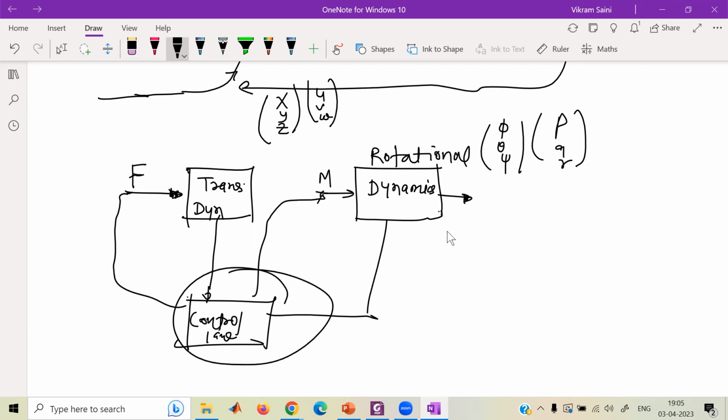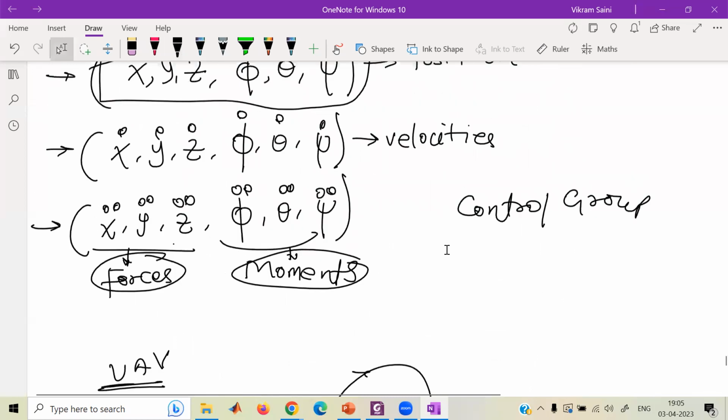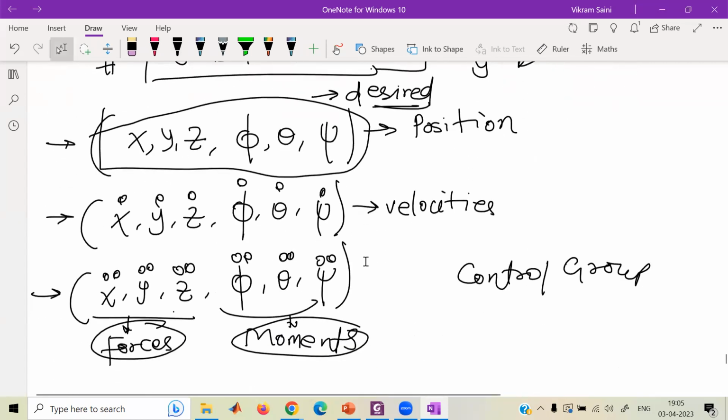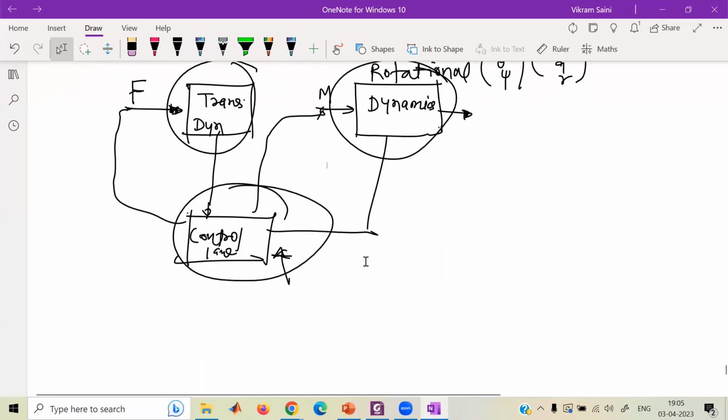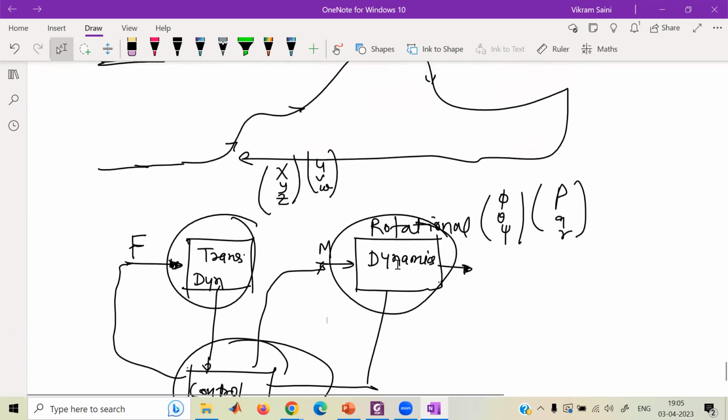The controls group determines this control law, and in simulations, you run the translation and rotational dynamics through these parameters we just discussed. I'm just giving you an overview of what happens after the design, but we'll also talk about how to do the design from the next session. All right.